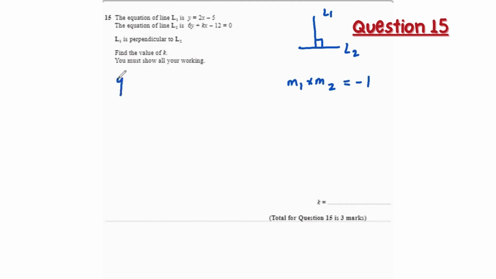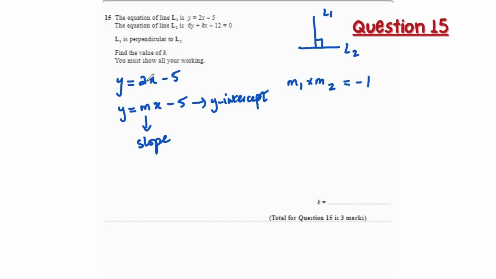So if you look at the equation of line 1, that's y equals 2x minus 5. Now this is the slope-intercept form, where the coefficient of x gives us the slope and the constant gives us the y-intercept.